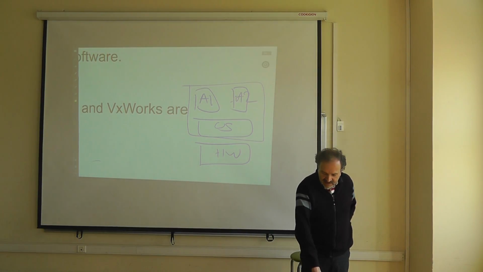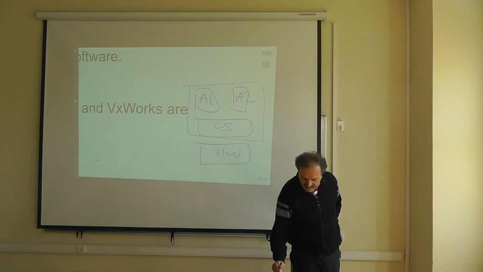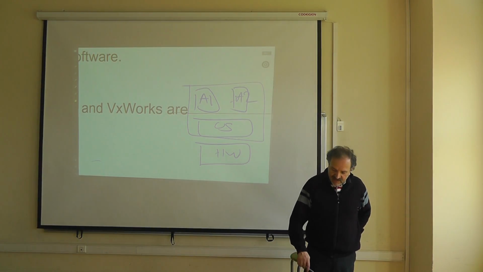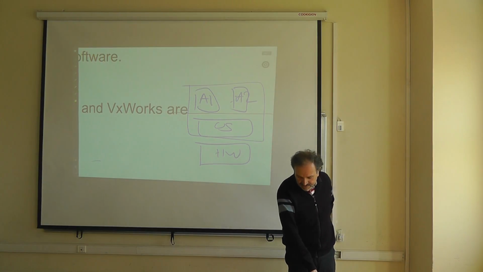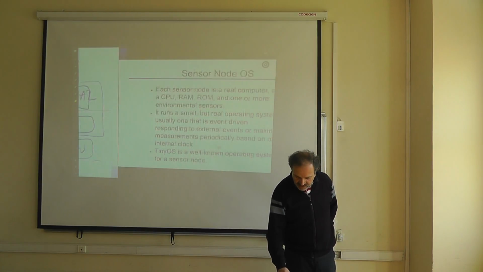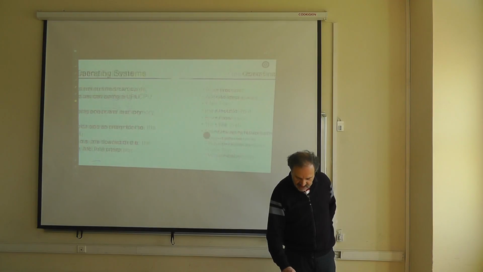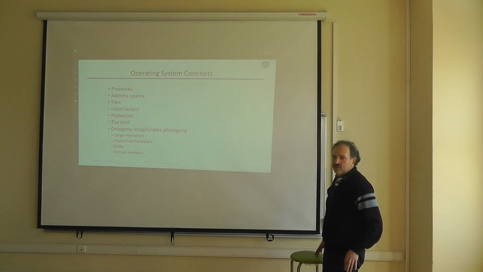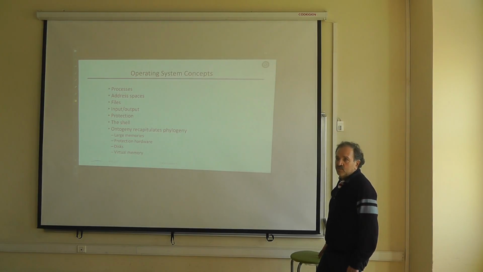So you don't have a very clear line where the operating system ends and where the application starts, but nevertheless there is an operating system in this case too. So if something is smart, then that means it's a computer. If it's a computer, there should be some kind of operating system on it, either primitive or complicated.